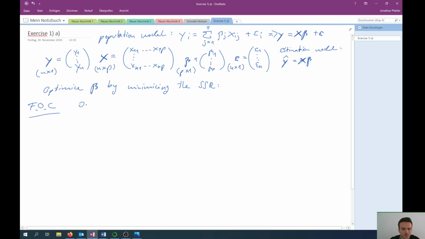Let's first go back and say, what is the SSR? The SSR is the sum from 1 to n of the squared residuals. That is equal to this matrix notation, the difference between y and our predicted y's.